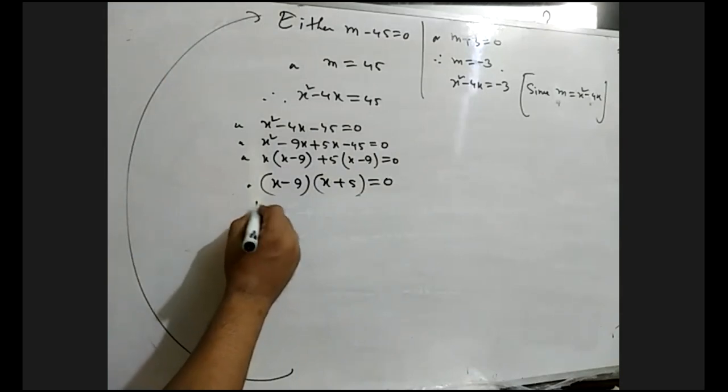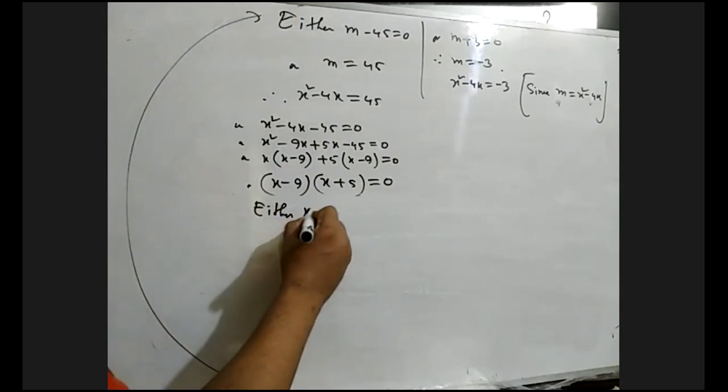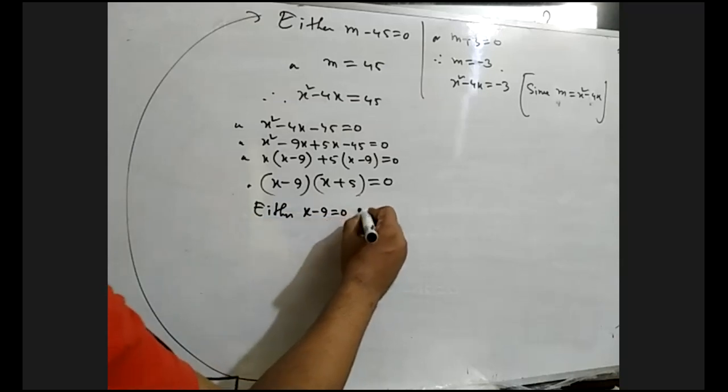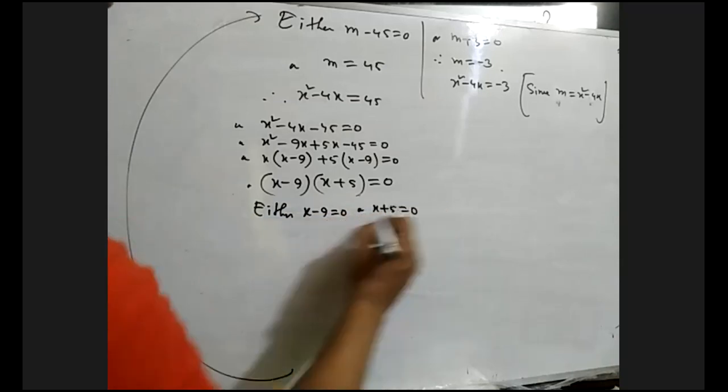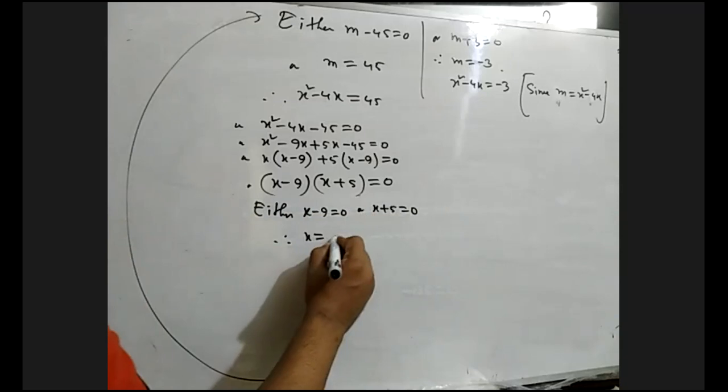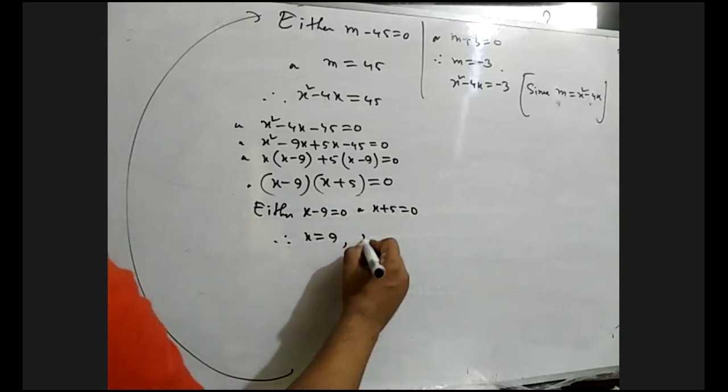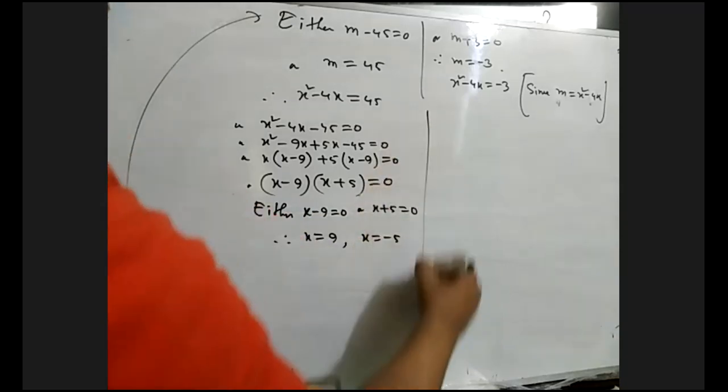From here either x minus 9 equals 0 or x plus 5 equals 0. Therefore, x equals 9 and x equals minus 5 from this part.